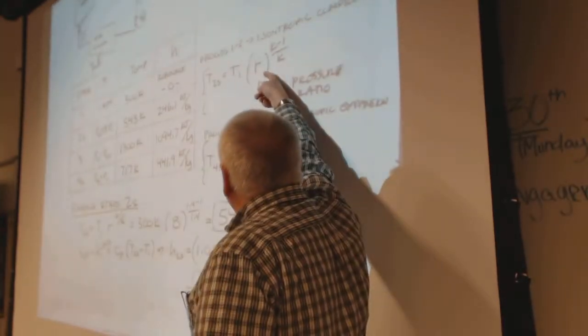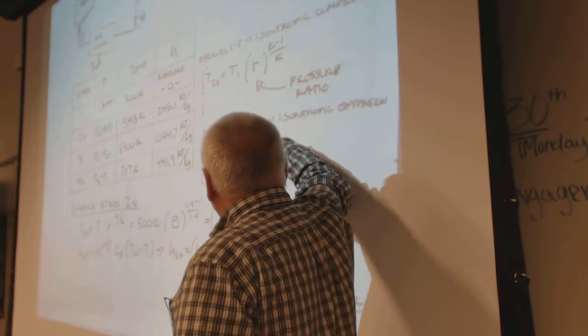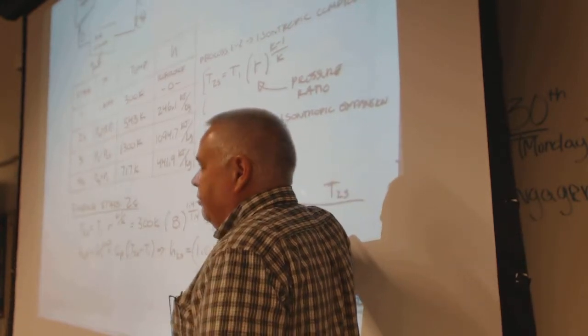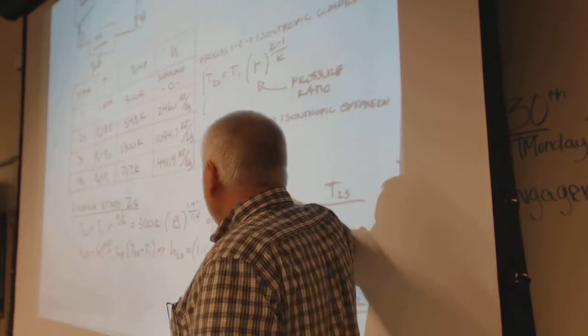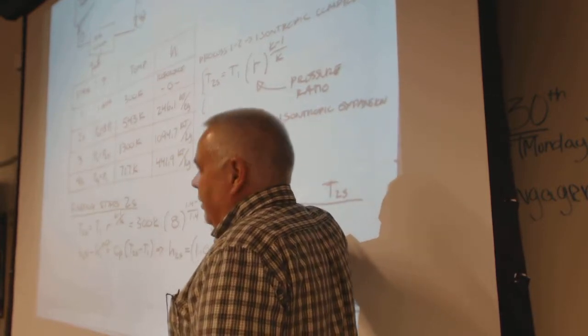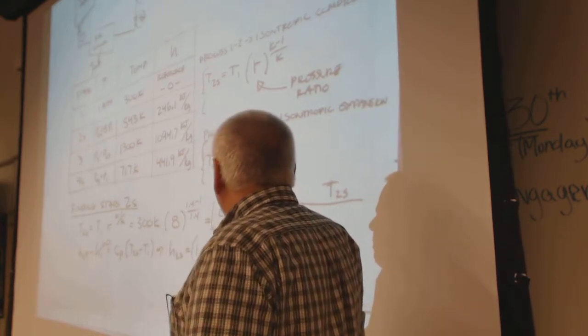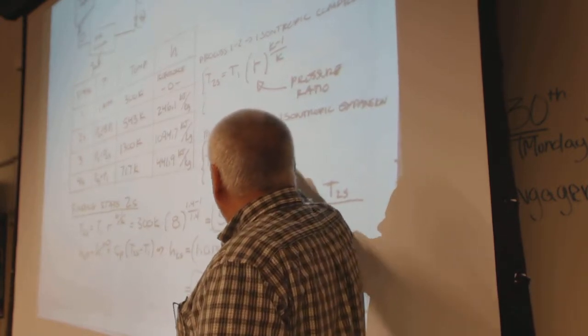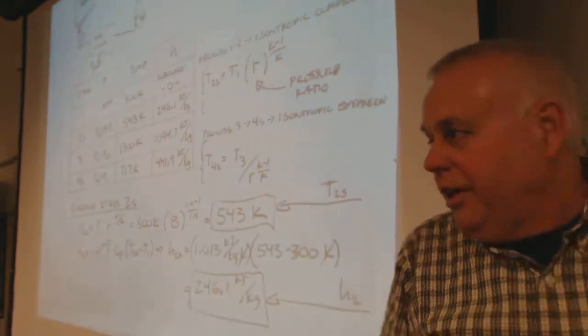The formula looks the same as this, except now it's going from a high pressure to a low pressure, so the R value is 1 to 8 instead of 8 to 1. So that R value is inverted, and we get a new value.